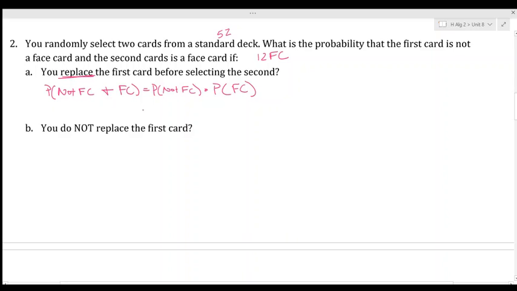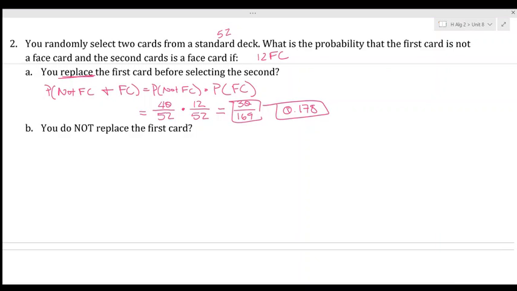This equals, if it's not a face card, that means we have 40 cards out of 52 we can choose from, times, and since we replace it, we have 12 face cards we can choose from out of 52. And when we do the mathy math, we get 30 out of 169, or if you're a decimal person, 0.178.